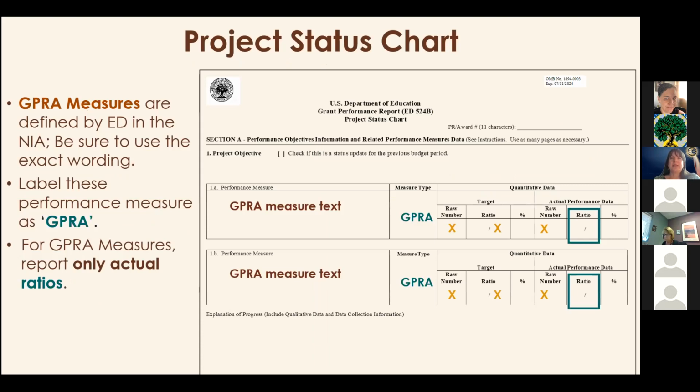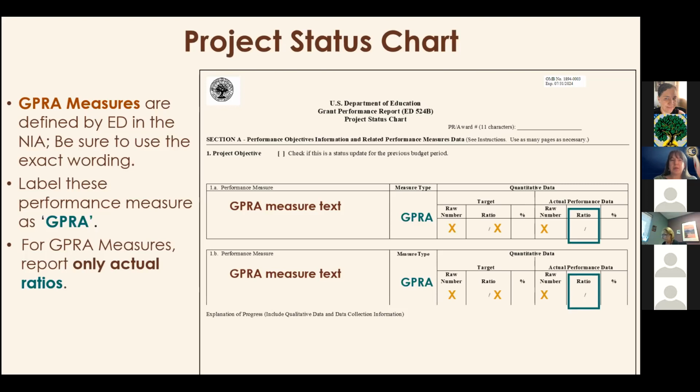Remember that when you're reporting on these measures in section A, you're going to use the exact wording of that GPRA measure that was defined by Ed in the notice inviting applications.